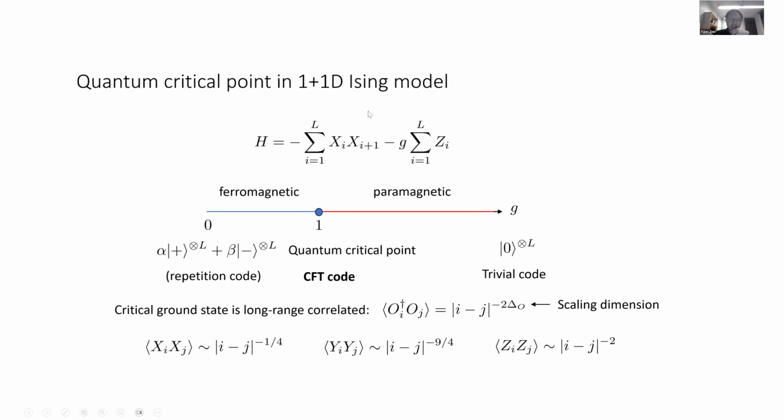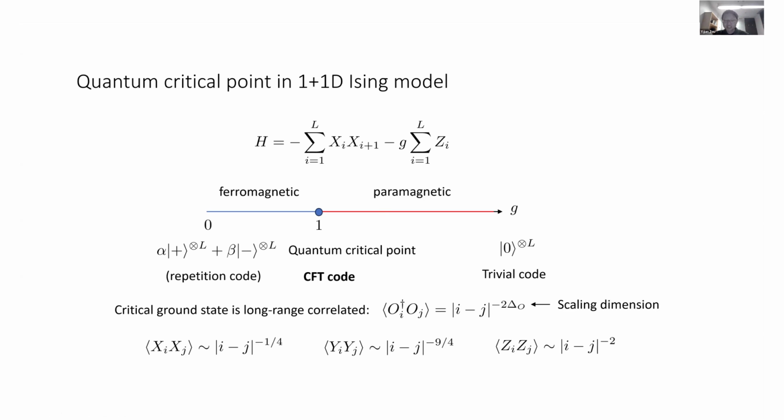You have this sigma x interaction between two nearest neighbor qubits, and then you have a transverse field sigma z, which has a coefficient g in front of it. If you tune g from 0 to infinity, you will observe some quantum critical behavior in the ground state of this Hamiltonian. To see that, you first tune g to infinity, and then you see that the Hamiltonian only has one term, which is sigma z on every site.